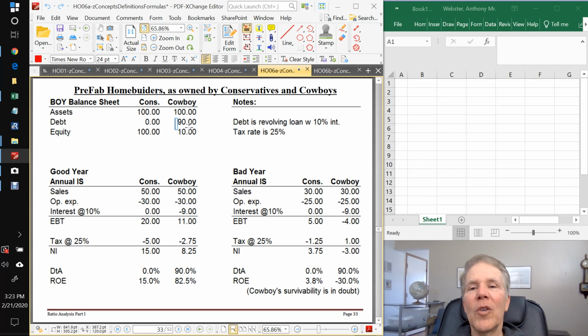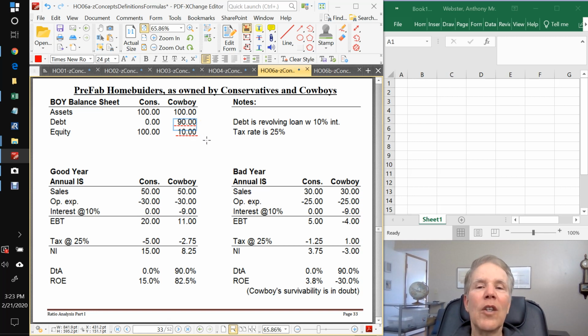For the 100 million that they got dropped on their head, they only spent 10 million of that to purchase this firm. But remember, the firm is for sale for 100 million. So where'd they get the other 90 million? Well, they went to JP Morgan Chase or Bank of China, and they said, hey, this is an awesome company.